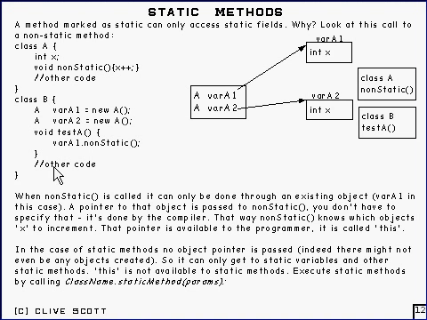Okay, so now if you think about what's going on in terms of the code, in memory you'll have class A and class B here, which are located somewhere in memory and fixed, and these are some objects.